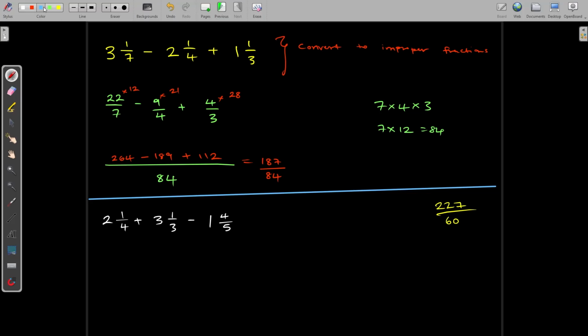So converting all of these to improper fractions, this would be 9 over 4 plus 10 over 3 minus 9 over 5. LCM 60. 135, so that's 335, 235, 227.